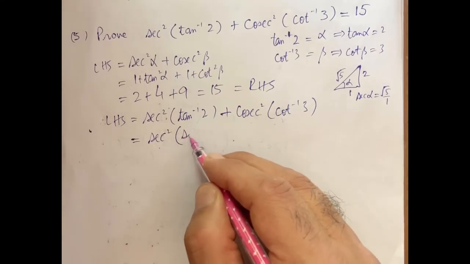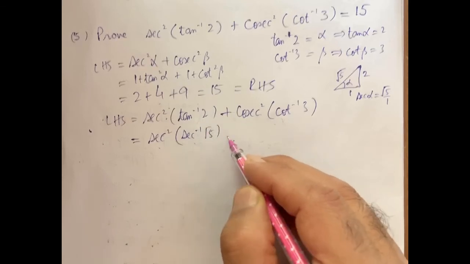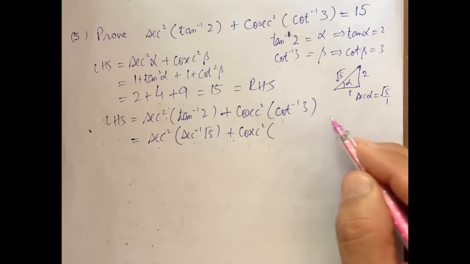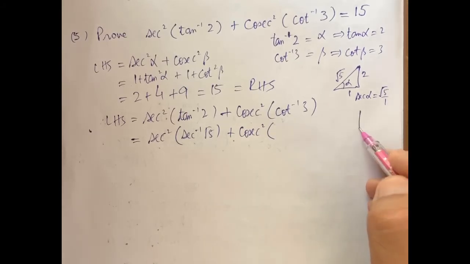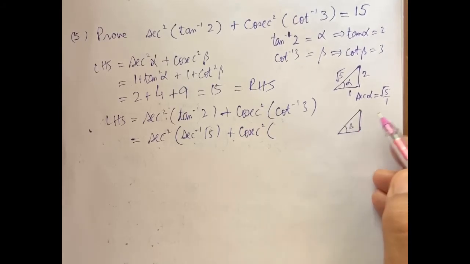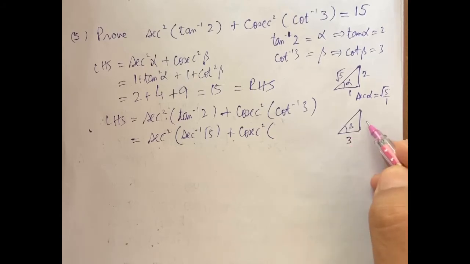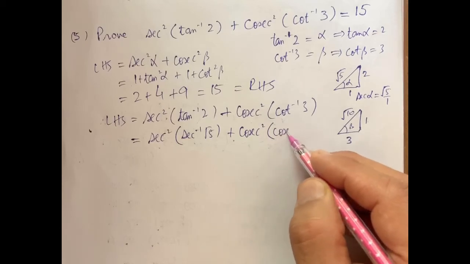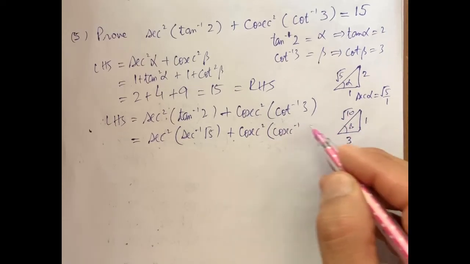So this can be written as secant inverse of root 5 plus cosecant square of cot inverse of 3, which is beta. So cot is 3. So this is 3, this is 1. This will be 3 square plus 1 square, root of 10. And cosecant inverse of root 10 upon 1.